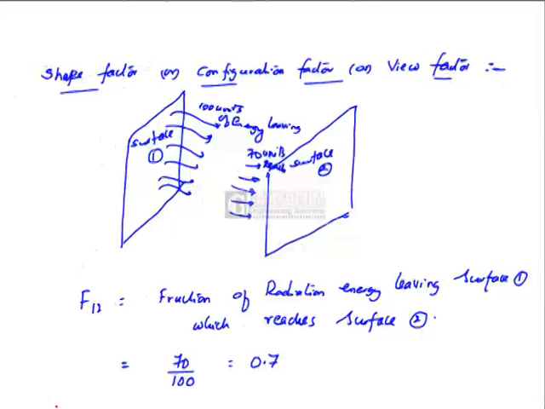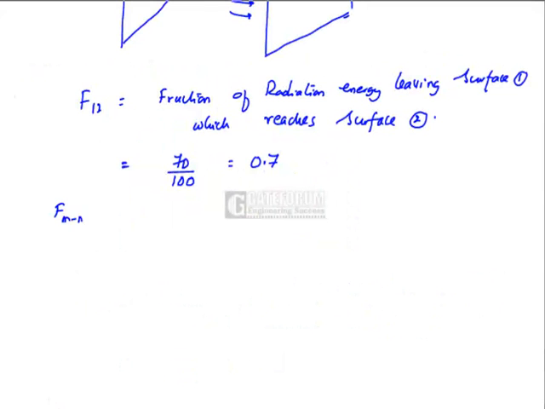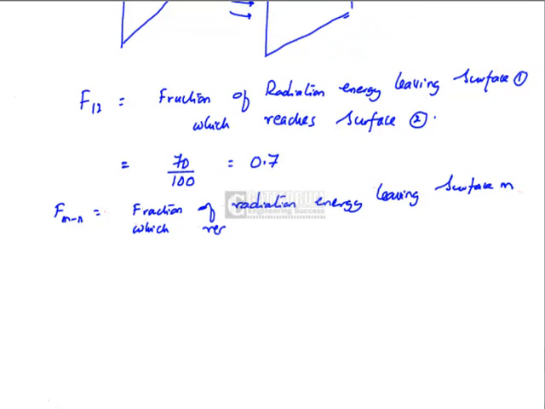So in general, the shape factor Fmn I can define as the fraction of radiation energy leaving surface m which reaches surface n.